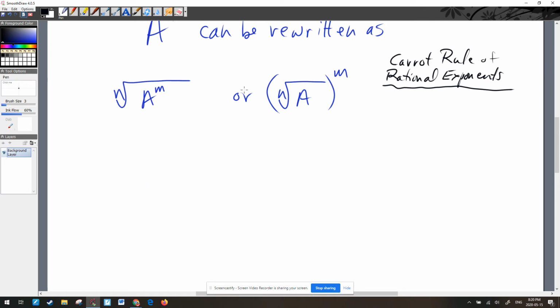So I'm going to break out my mad art skills. I need orange, and what we have, as you can probably guess, is a caret.